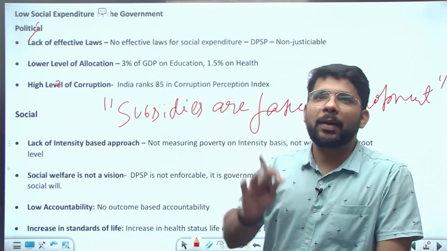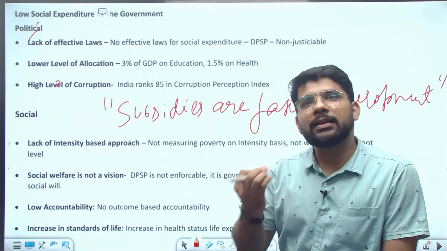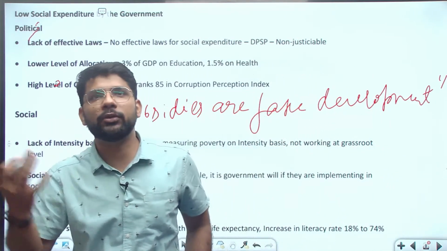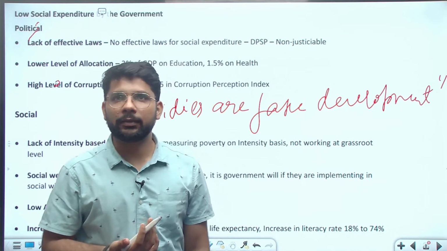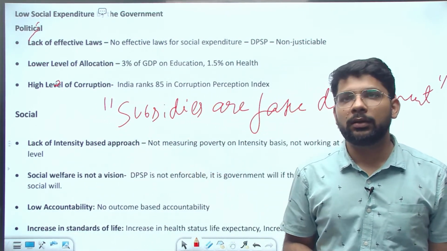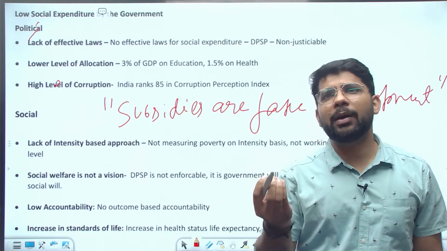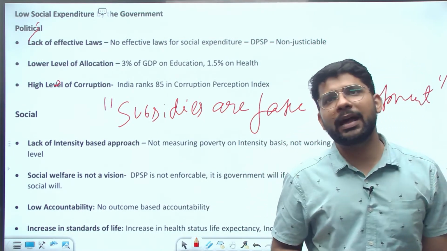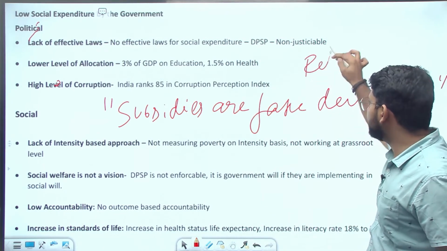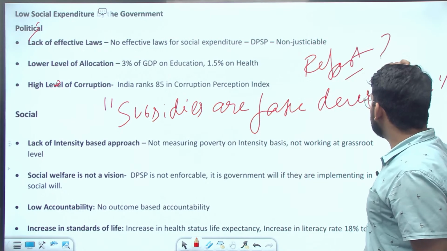The political parties are providing subsidies to us. At the time of the election, they say we will provide free water, 200 units of free electricity, free vehicles. But they are not talking about the development done by them in the last 5, 10, 15 years. They are not showing the report cards of development.